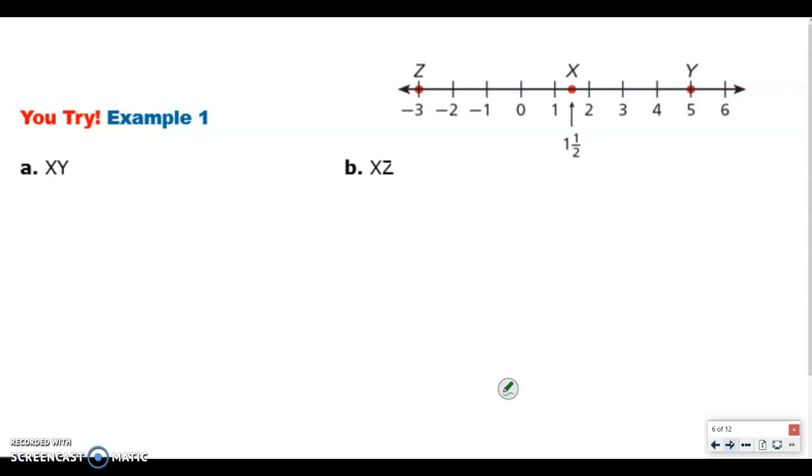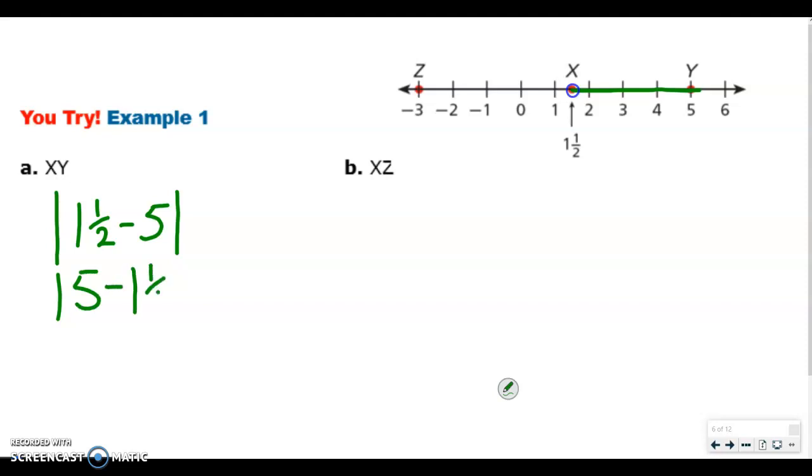Right, so XY is right here. X is at 1 1/2. And we will subtract, Y is at 5, so we'll subtract 5. Or if you don't want to deal with those negatives, you can flip it around and say 5 minus 1 1/2.